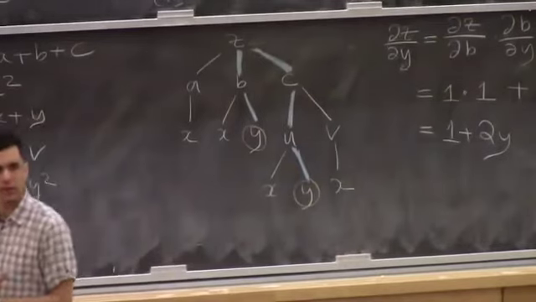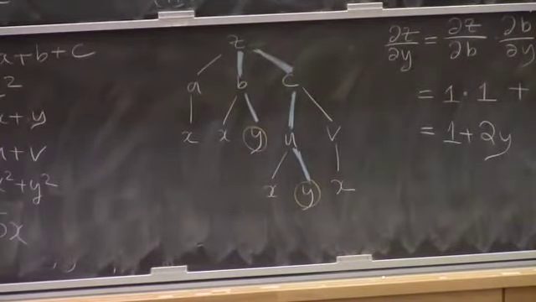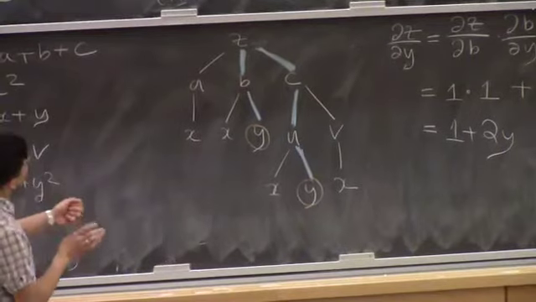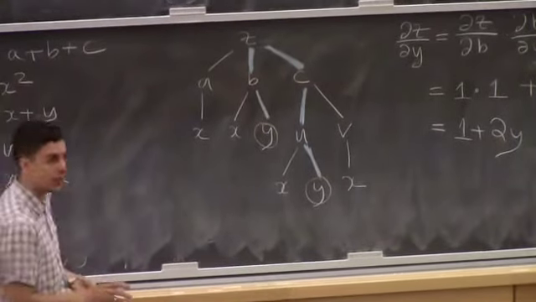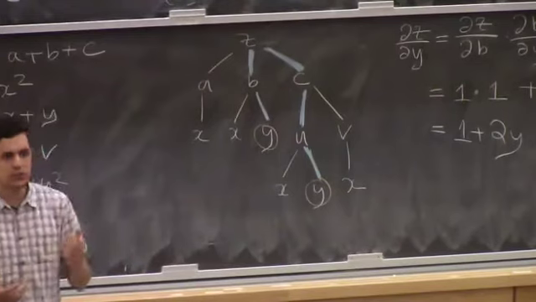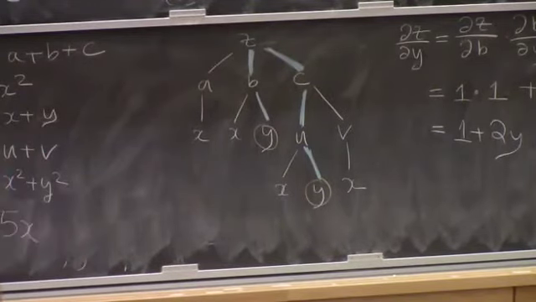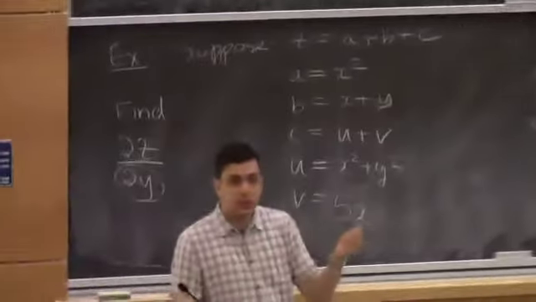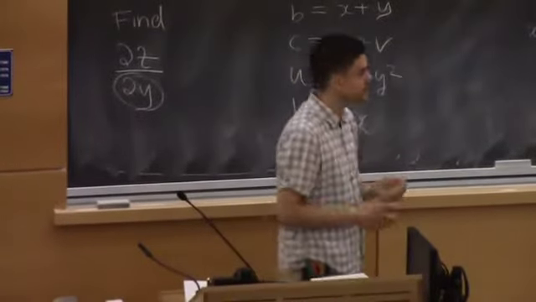Okay, is that all right? Okay, so that's how things work for partial derivatives. Okay, so for partial derivatives, we use the standard one variable chain rule along all paths.